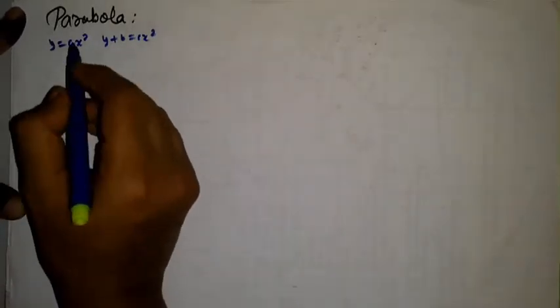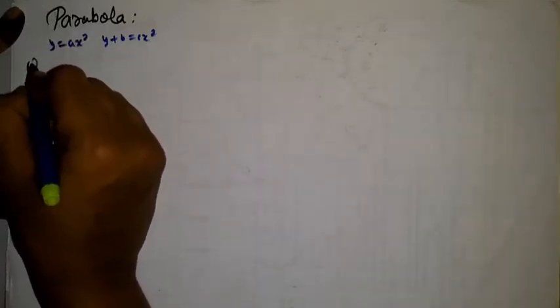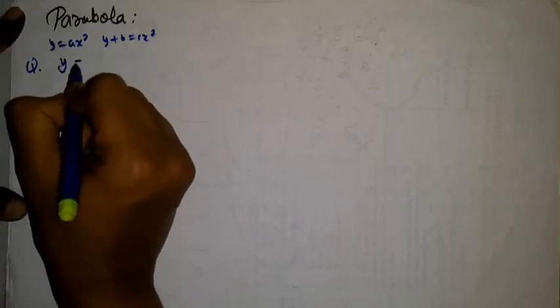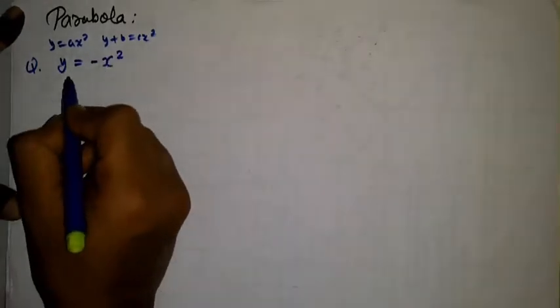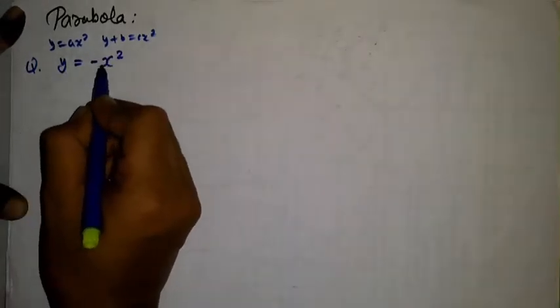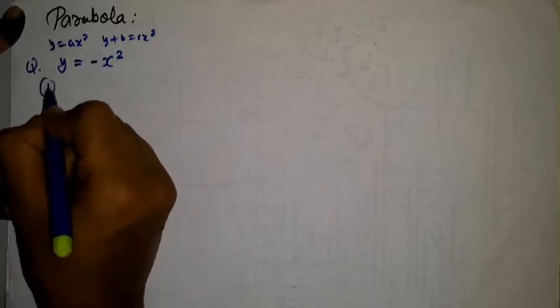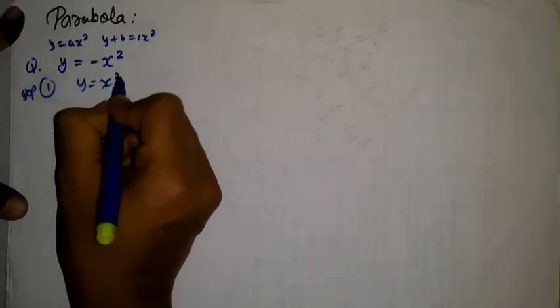So if the question gives y is equal to minus of x square, how do we draw such graphs? Whenever it's given y is equal to minus x square, make sure that step 1 is to first draw the graph of y is equal to x square.